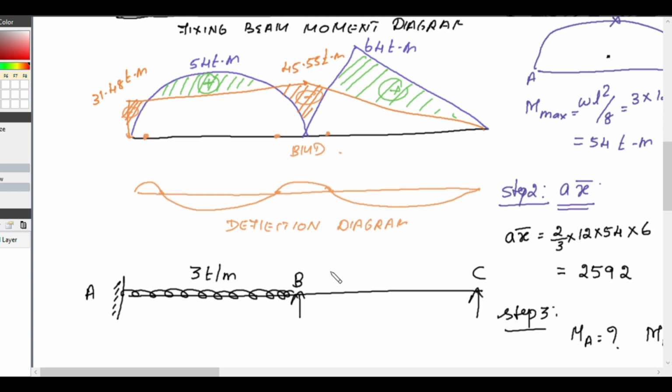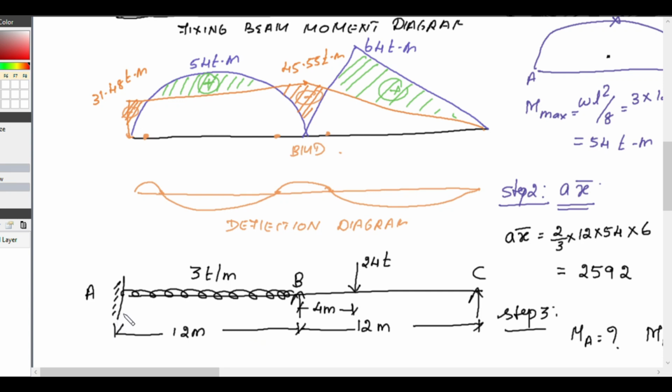At BC we have a 24 tons load. This distance is 4 meter from B. BC is 12 meter. AB is 12 meter.